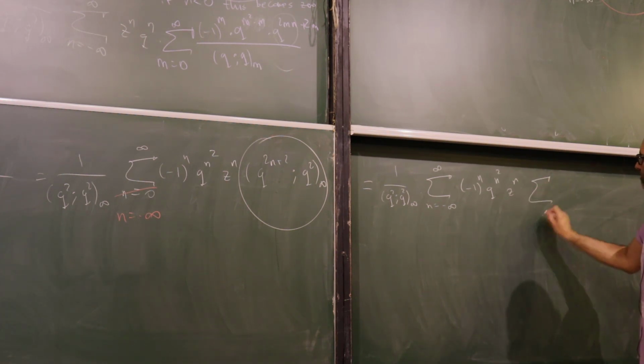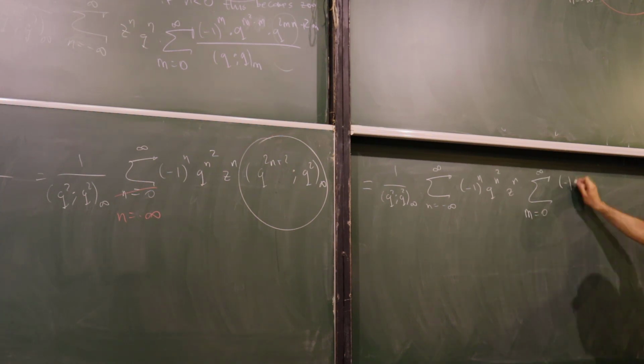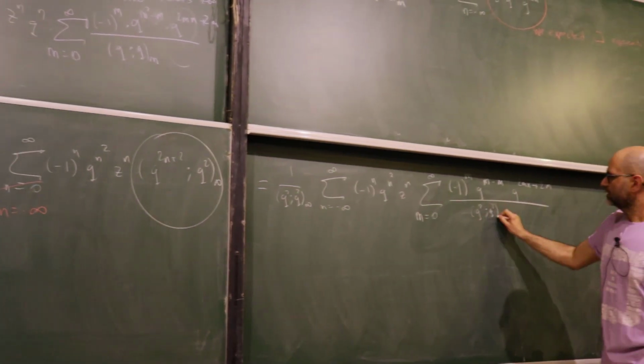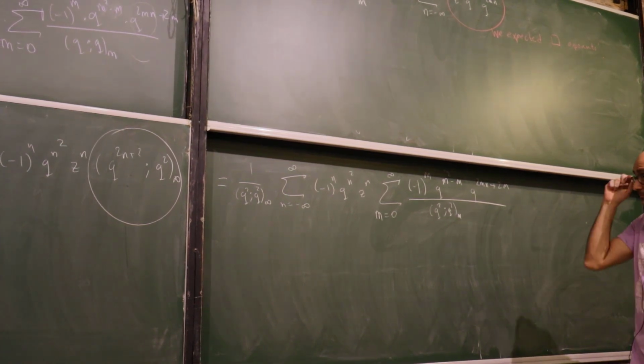Okay. m running from 0 to infinity, minus 1 to m, q to m squared minus m, q to 2mn plus 2m over q squared sub m. Okay. I hope I didn't make any mistakes this time.